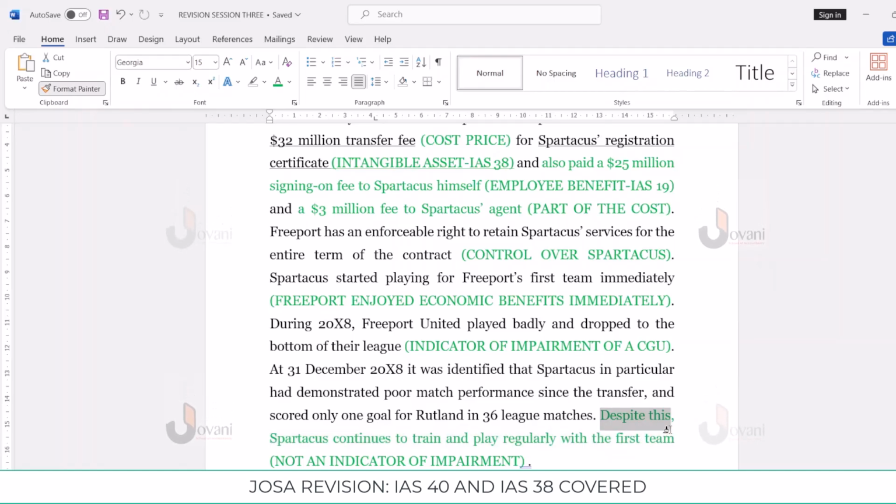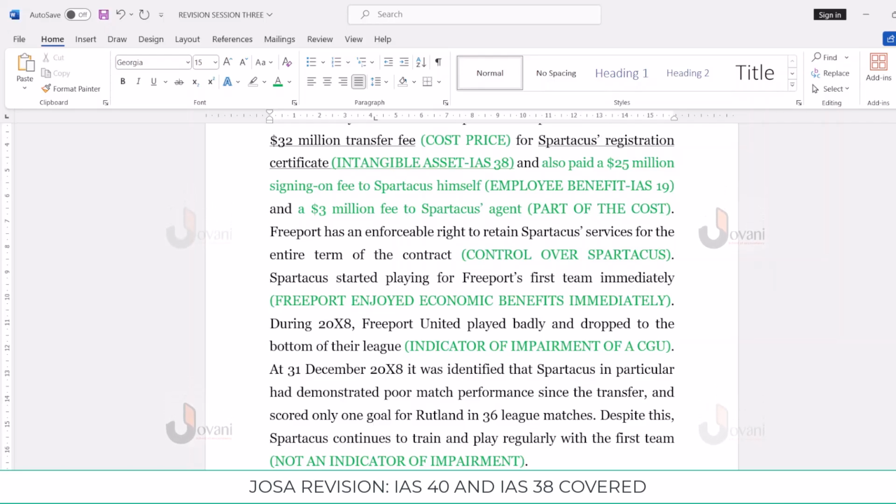See, these guys dropped to the bottom, okay? But Spartacus has always been with the first team, so he wasn't dropped. Oh, I now get it. You have to really understand the scenario. They dropped to the bottom of the league, but he maintained his place on the first team, meaning that he still had the potential to perform.